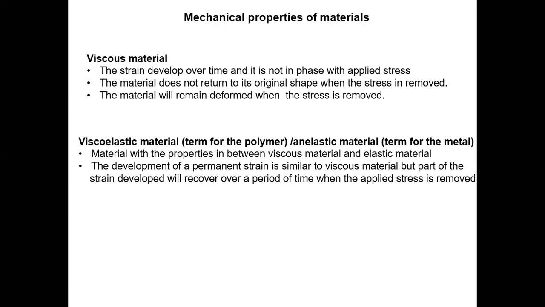Let's say you apply 10 Newton, then there will be a certain strain at that 10 Newton, but that strain keeps changing. That means the strain develops over time. That type of material we call viscous materials, right? Viscous materials do not return to their original shape when the stress is removed, right? They will remain deformed, right? Mostly some viscous fluids.